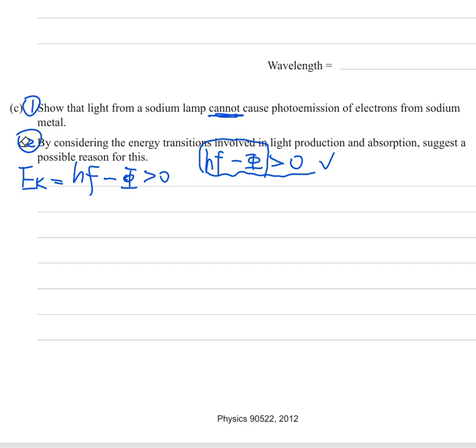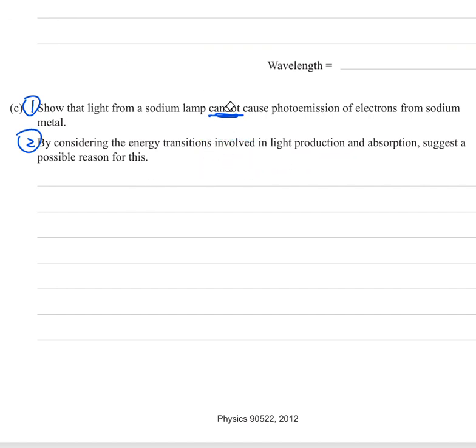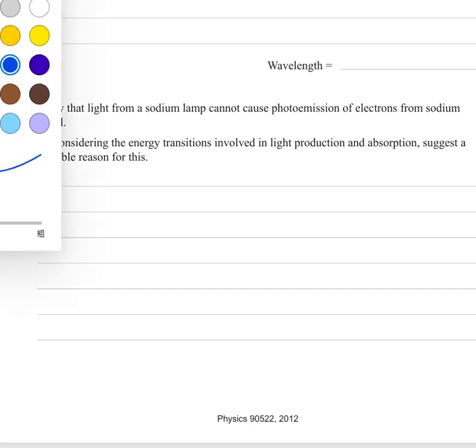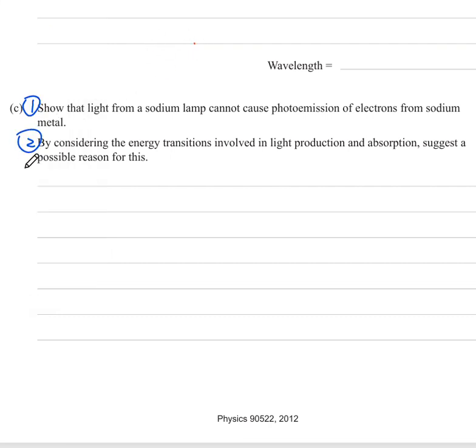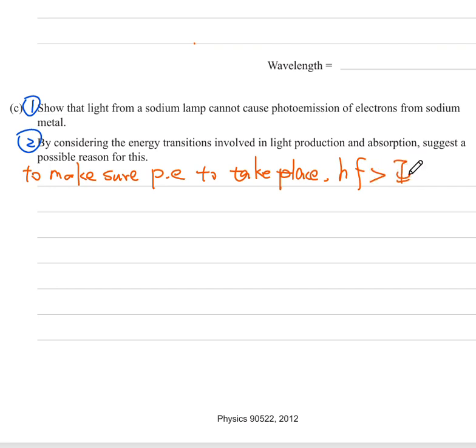So if I were to put in the words, we write something like this. Let me change the color, let's use orange. For part 1, show that the sodium lamp light, to make sure photo emission takes place, hf is greater than phi.